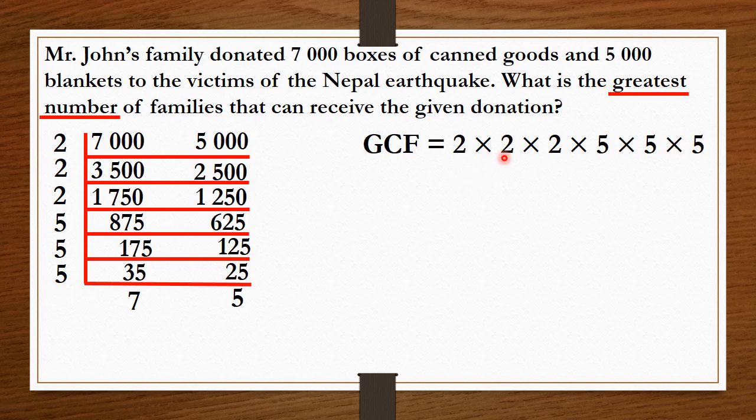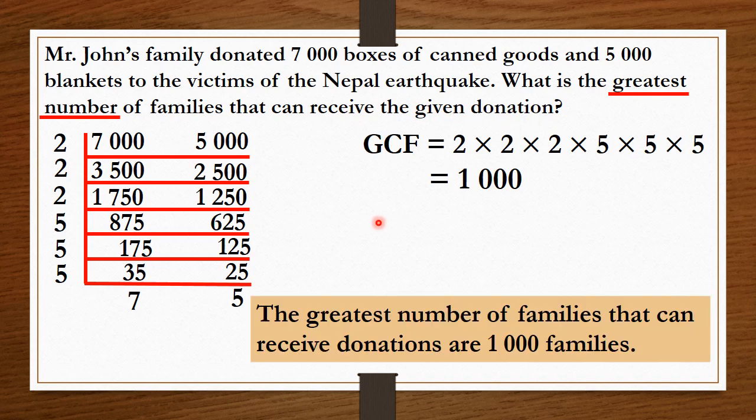So, 2 times 2, 4 times 2, 8 times 5, 40. 40 times 5, 200. 200 times 5, we have 1,000. Since our greatest common factor is 1,000, we can now answer the question: what is the greatest number of families that can receive the given donation? The greatest number of families that can receive donations is 1,000 families.